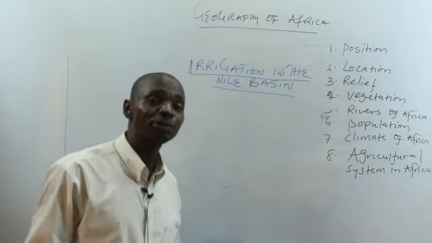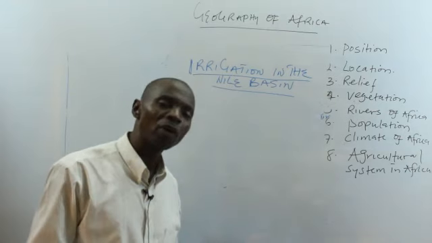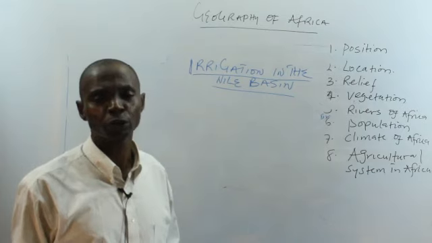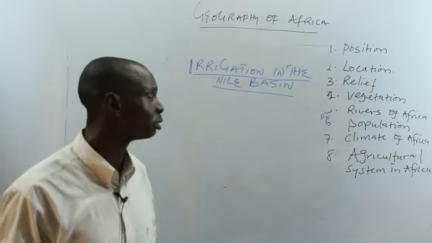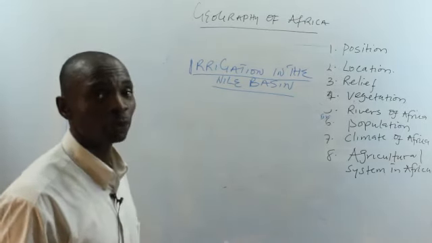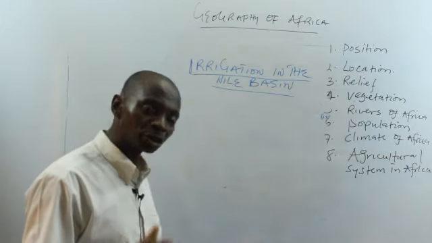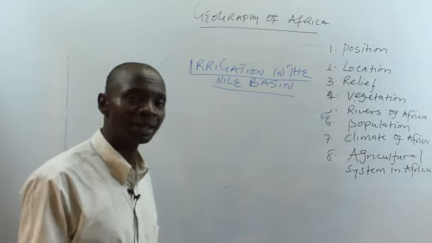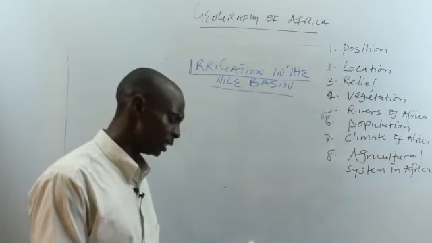Irrigation is encouraged where we have acute shortage of rainfall to support the production of crops. So wherever we have inadequacy of rainfall, the best option for farming activities in that environment is irrigation.